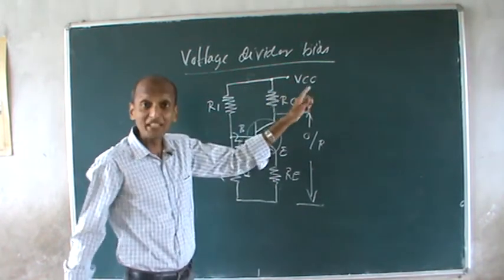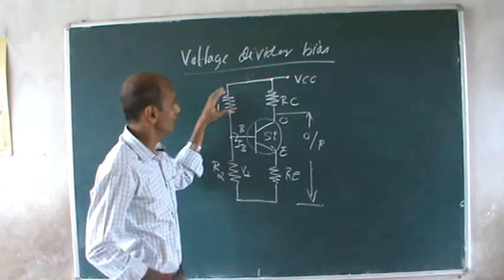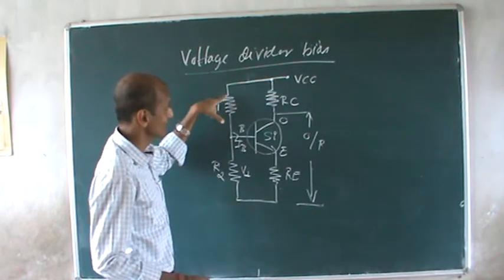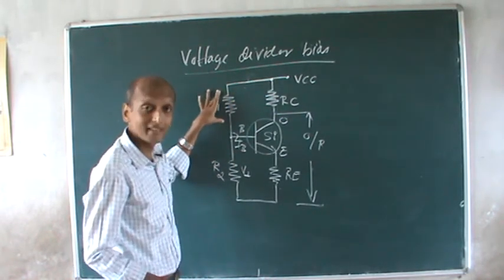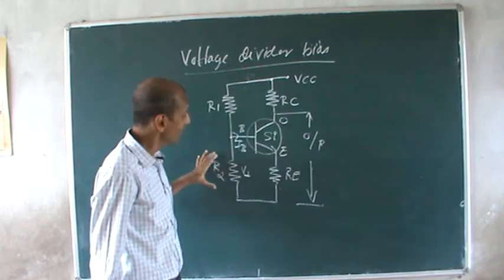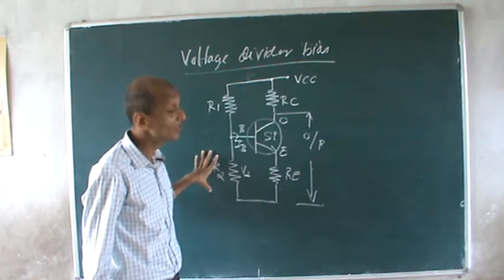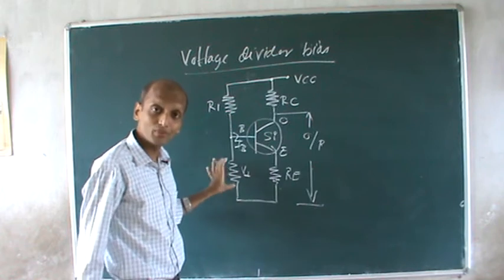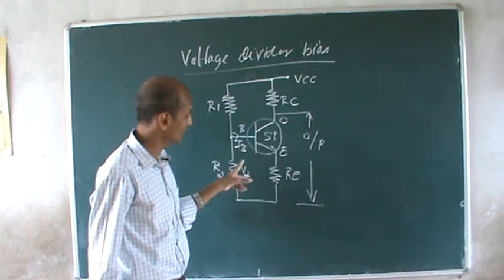So the applied voltage VCC comes in this direction, and some of the voltage is dropped here and the rest of the voltage is dropped there. This rest of the voltage, V2, is important.